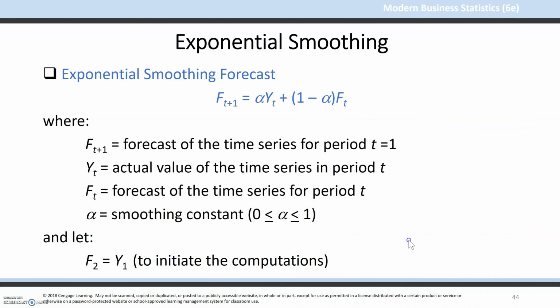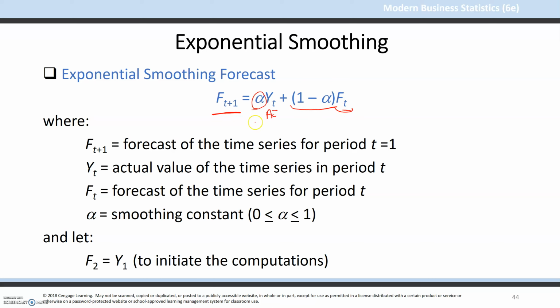go ahead, let me turn my pen on. So for the next time period, remember anytime we see t minus 1, the forecast for the next time period is going to be the actual for this time period times whatever alpha is assigned, plus 1 minus the alpha times the forecast from the time period above.